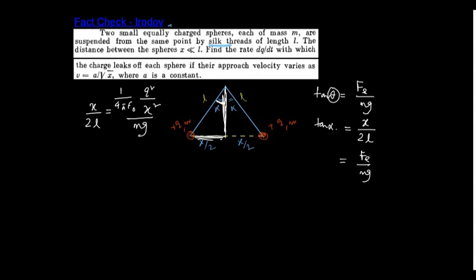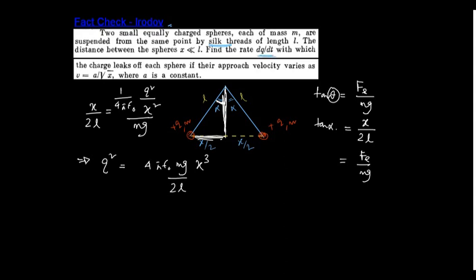So from here I will segregate this. Q square is equal to how much are we getting, that is important. Q square is equal to, if I am not wrong, 4 pi epsilon naught mg x cube by 2L. So this is what we are getting as q square. Now they are asking dq dt.